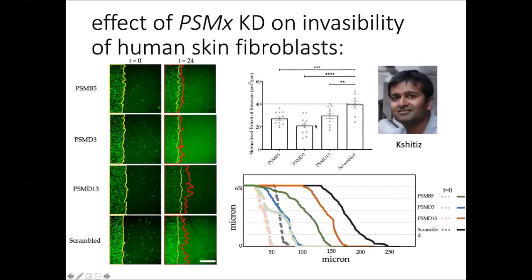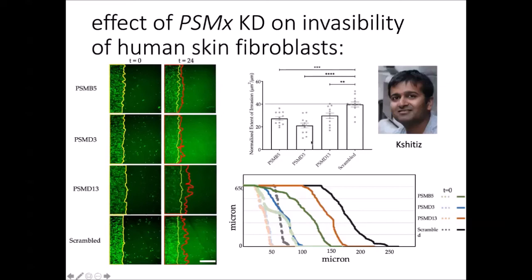That is consistent with the idea that this correlation between lower expression of these genes in this species and lower invasibility may actually be causal, because we can produce the same effect in human skin fibroblasts by decreasing the expression of those genes.